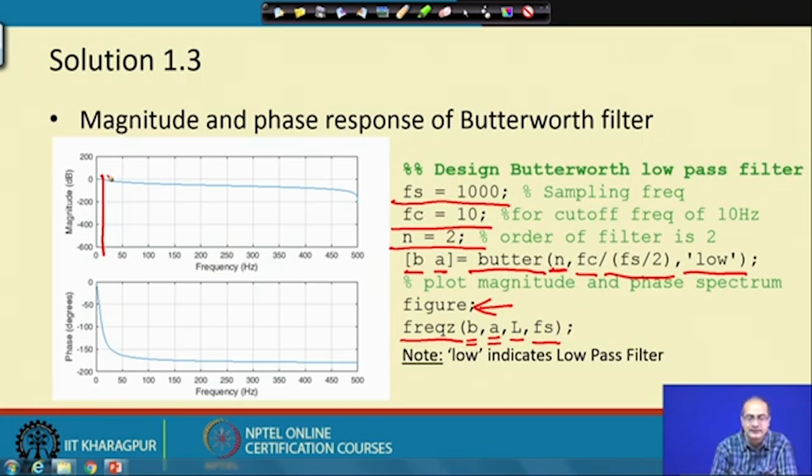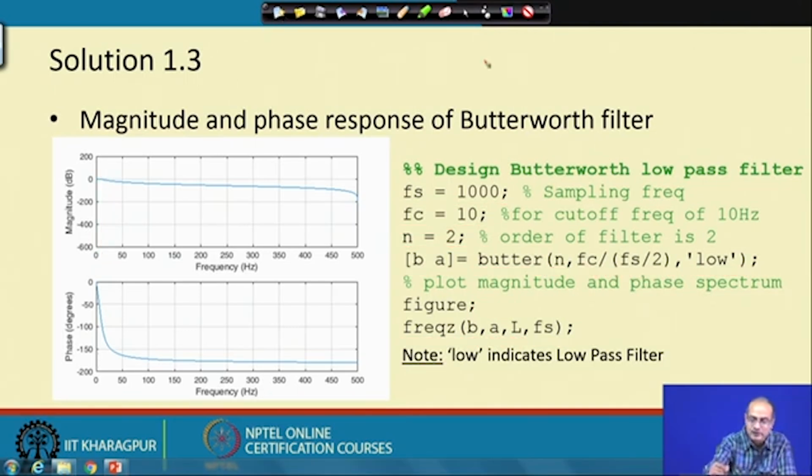After that there is a very slow decrease, that means the transition is not very sharp, and the filter order is responsible for that; we have only order 2. Okay. And the phase has some discontinuity at that part and then it is constant. Nothing much to note in the phase part.